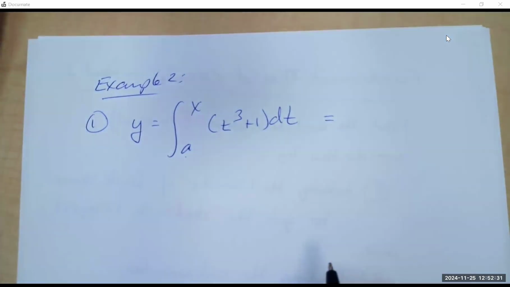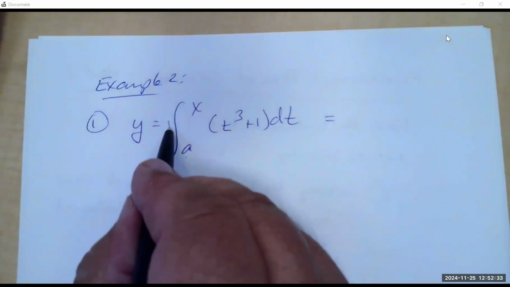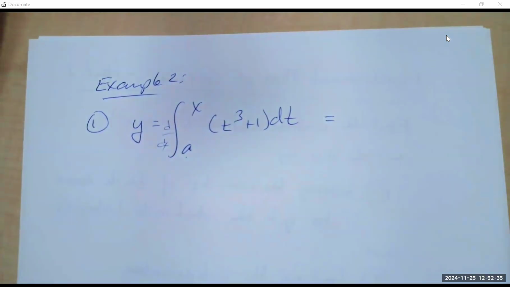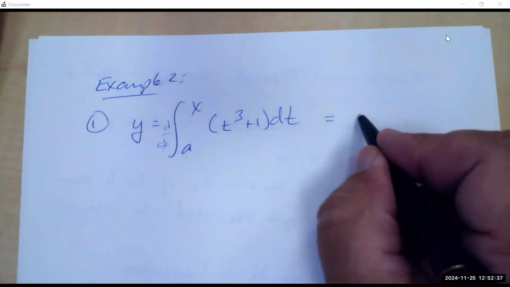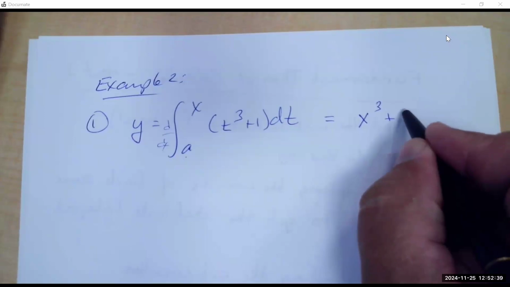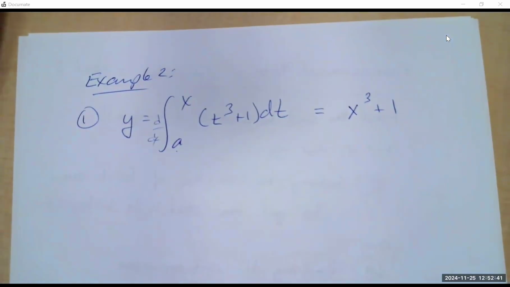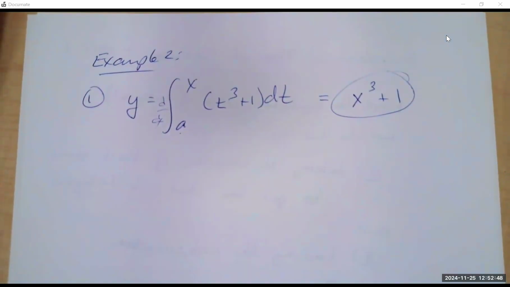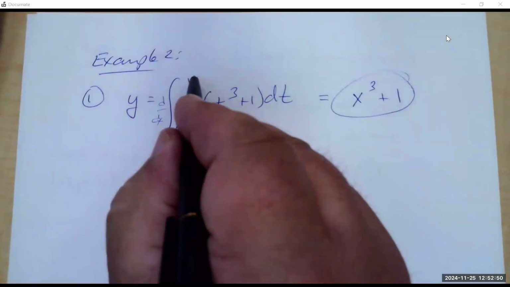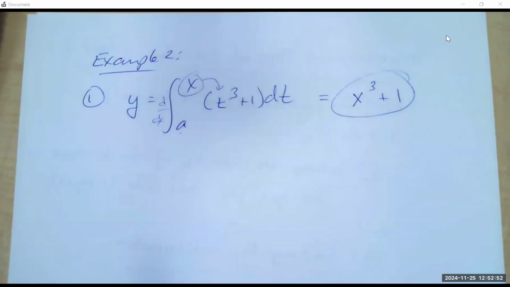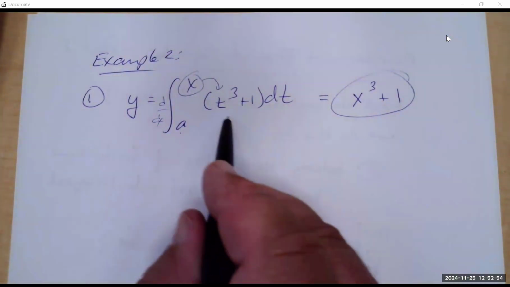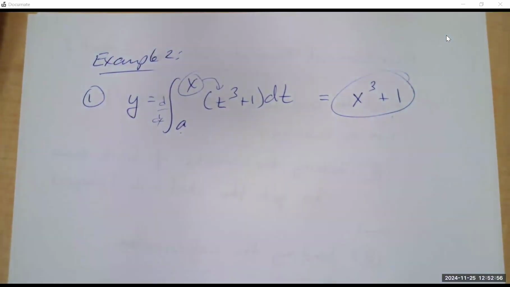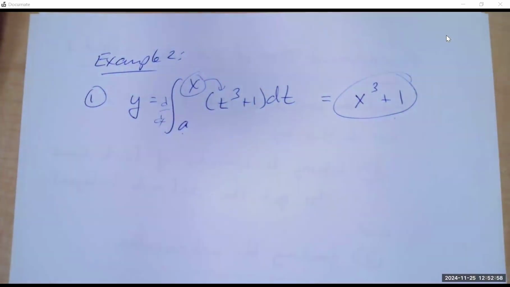So if I take the derivative of this thing with respect to x, I get x cubed plus 1. That's my answer, because this value goes in place of that. And that's your answer, as long as you're going from a to x.